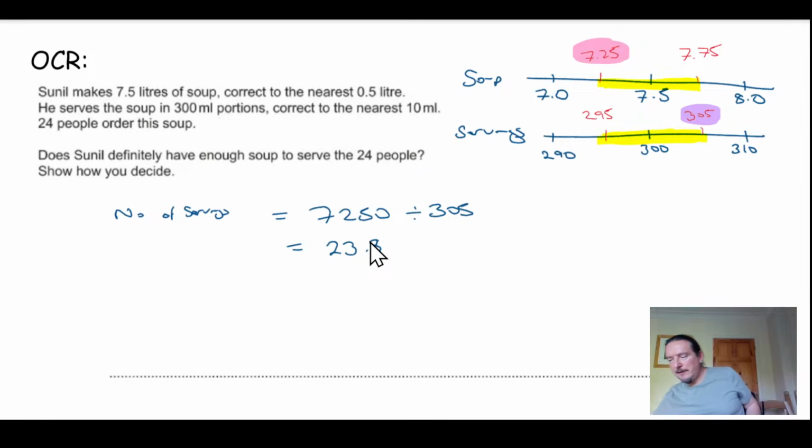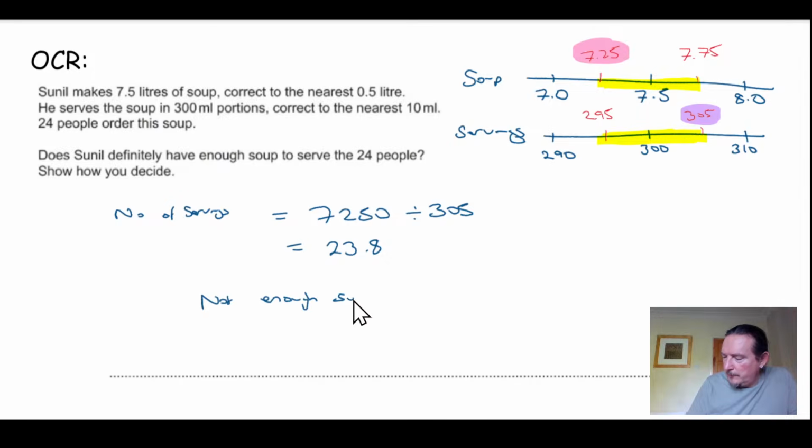So one person's going to get a very little amount of soup in his bowl. Okay, so is it enough for 24 people? No, not enough soup to definitely serve 24. Okay.